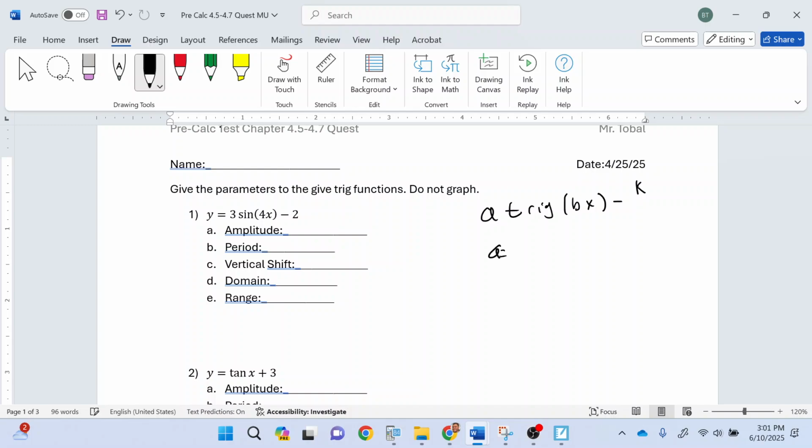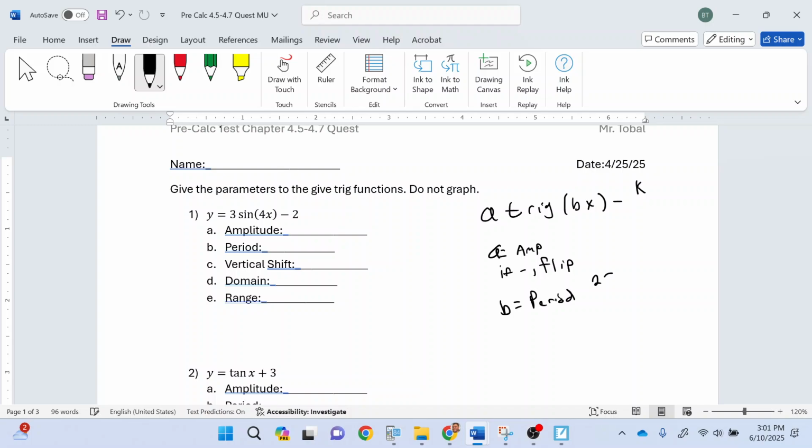So a tells you a couple of things. One, a tells you how much it goes amplitude-wise. And it'll tell you if it's flipped over, if negative. If negative, you flip it vertically. B will affect your period.